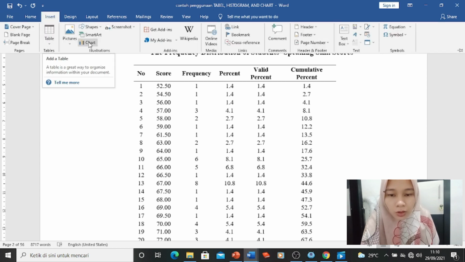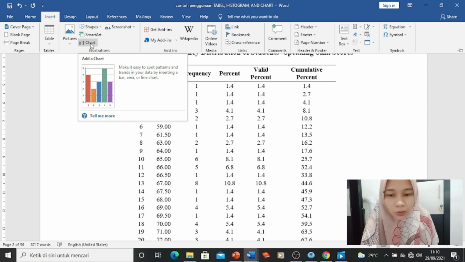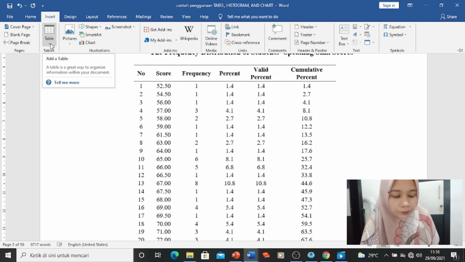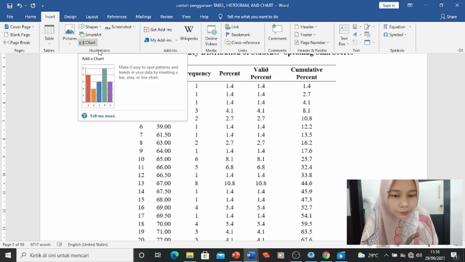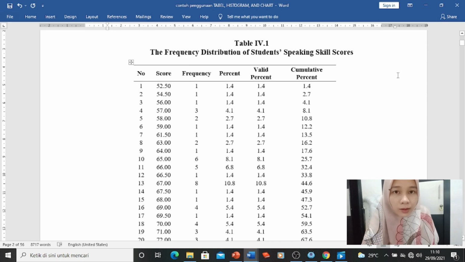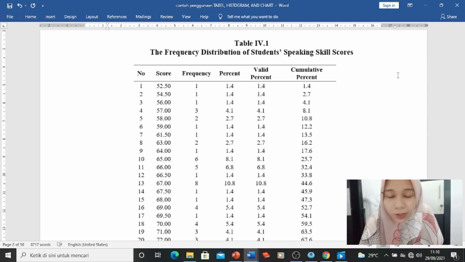So chart is here and this is tables. Mostly the raw data or list of data of the study are presented in a table, and it is put in the appendix, right?